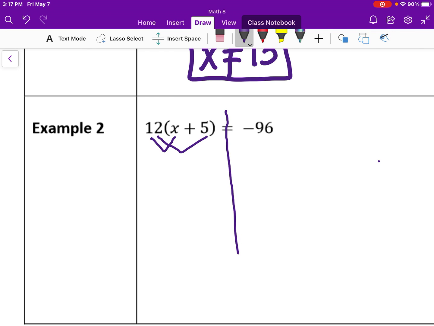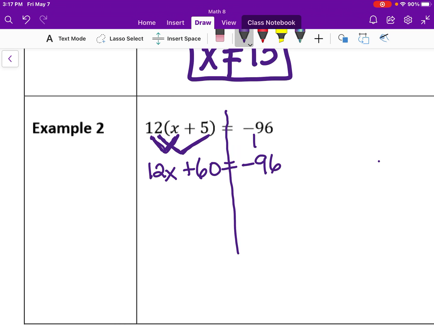We need to multiply 12 times x, which gives me 12x. Then I take my 12 times my positive 5, and I end up getting positive 60, equals, on this side, bring down my negative 96. Now I can combine my constants.